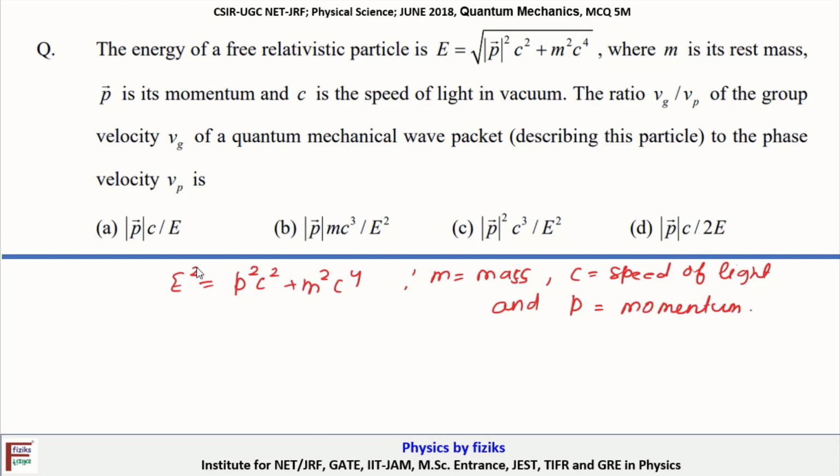Now the question is asking the ratio of the group velocity Vg of a quantum mechanical wave packet to the phase velocity Vp. So we have to determine the ratio Vg by Vp. Now Vph is defined as omega by k. We can write it as h cross omega by h cross k, which can be written as E by P.